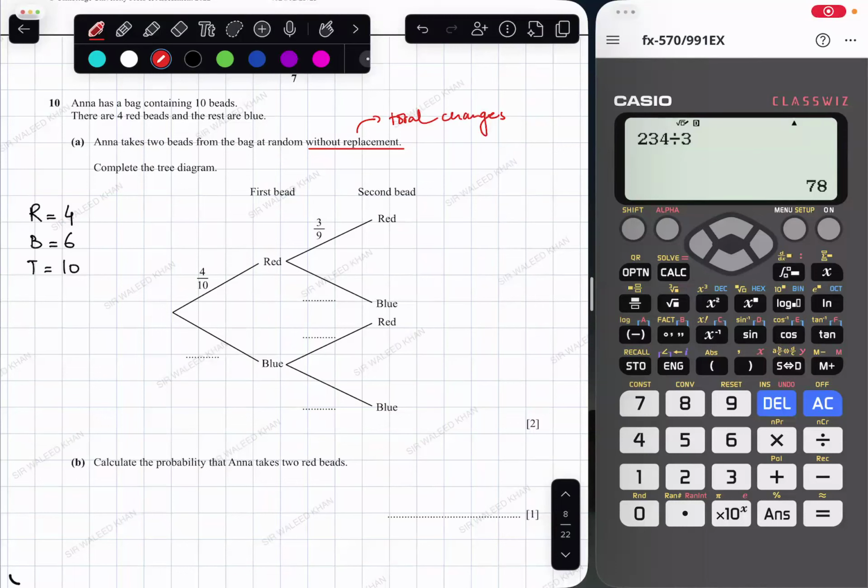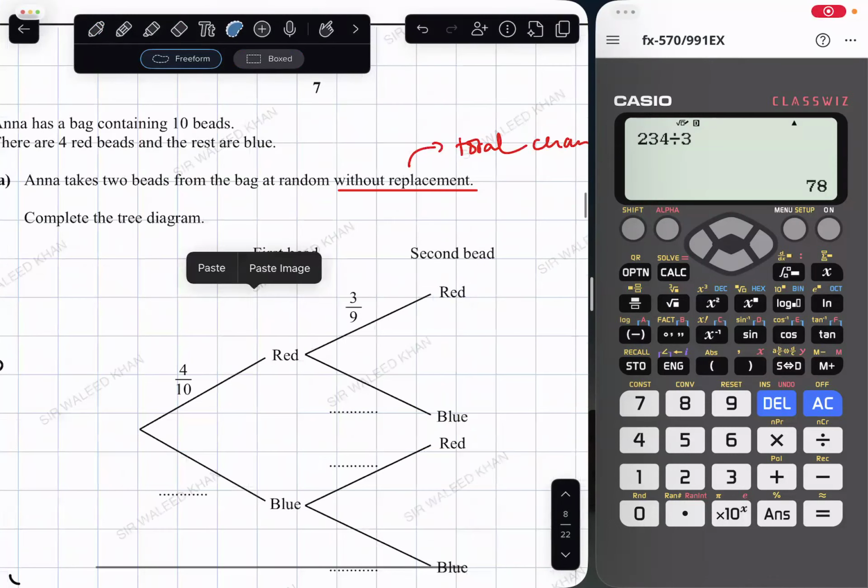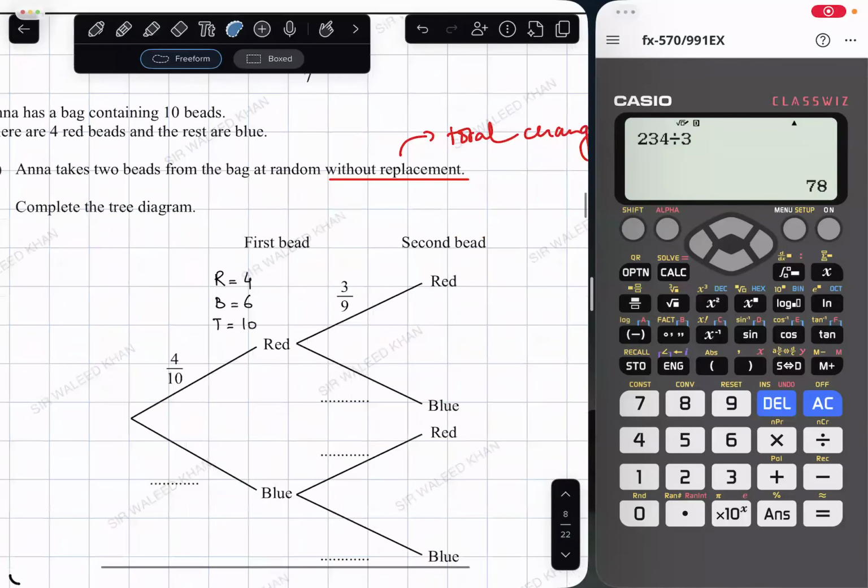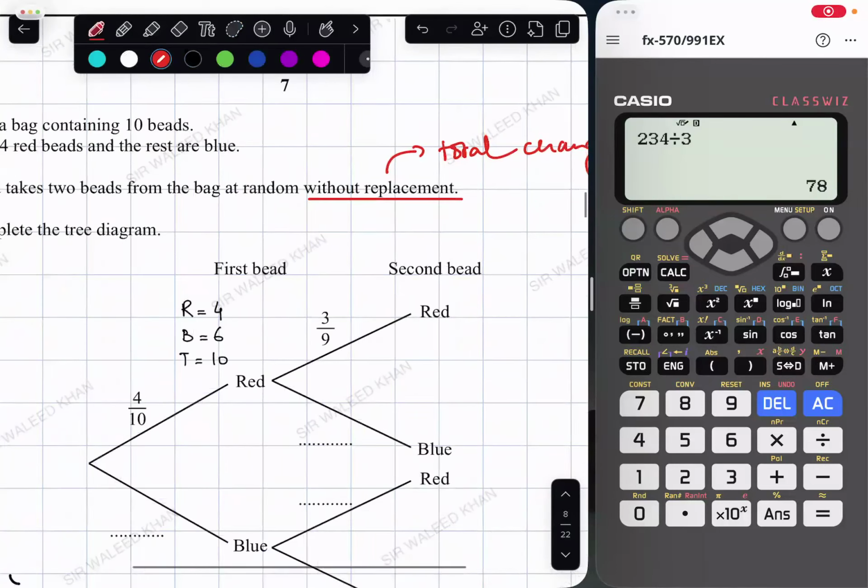So if the first bead is red, the probability is 4 out of 10. I'm going to update this list for each branch over here. Now that one red bead is out, we are left with 3, and the total will be affected as well: 9.